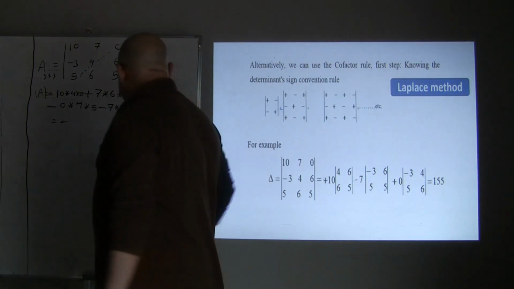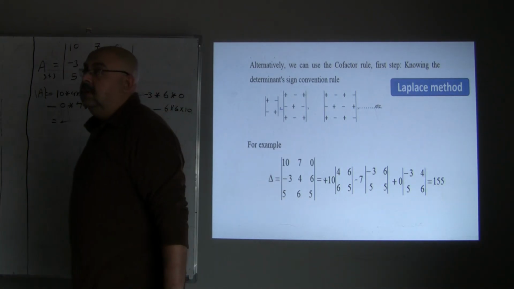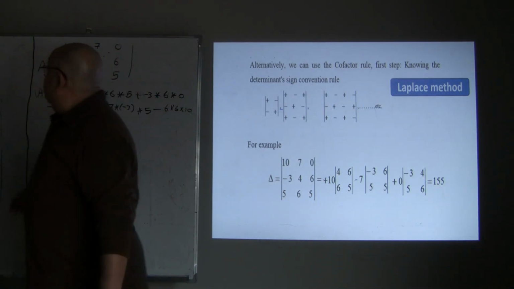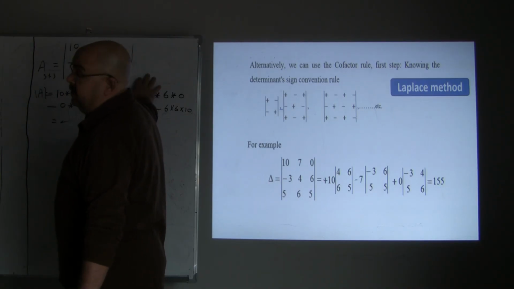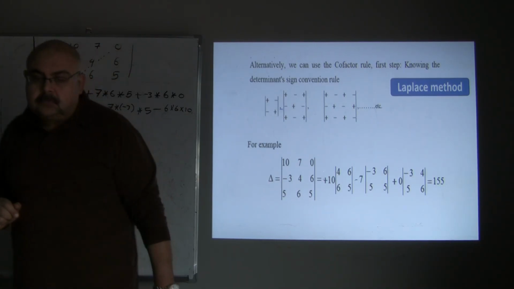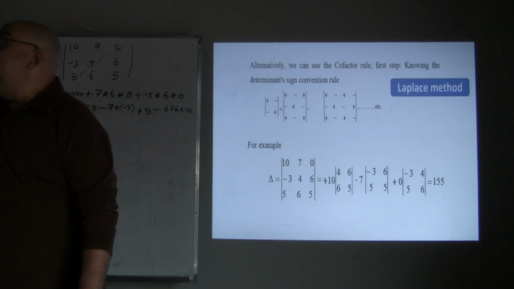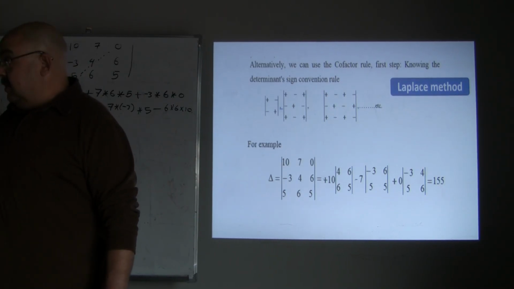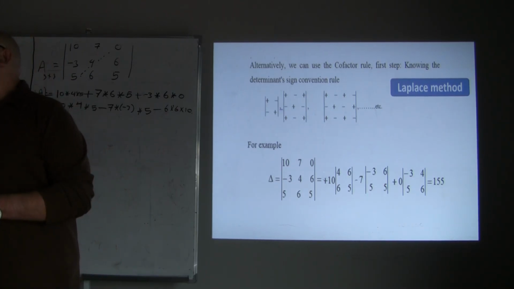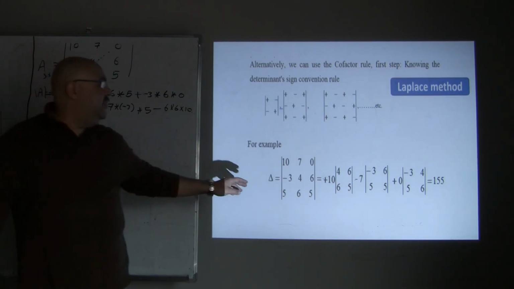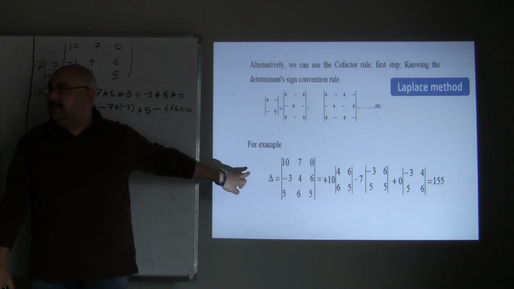What's the simplest method? This method or that method? This one? Okay. This one is really very simple, especially for a 3 by 3. I will tell you why. This method is very good with determinants greater than 3 by 3. If you remark, this is a 3 by 3 determinant. Am I right? Okay.